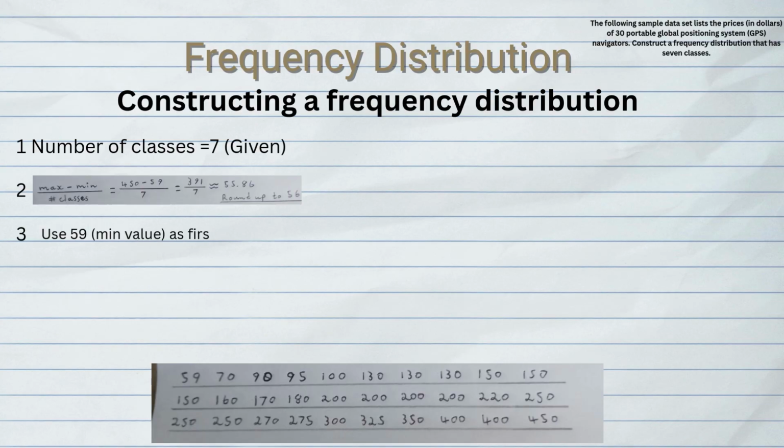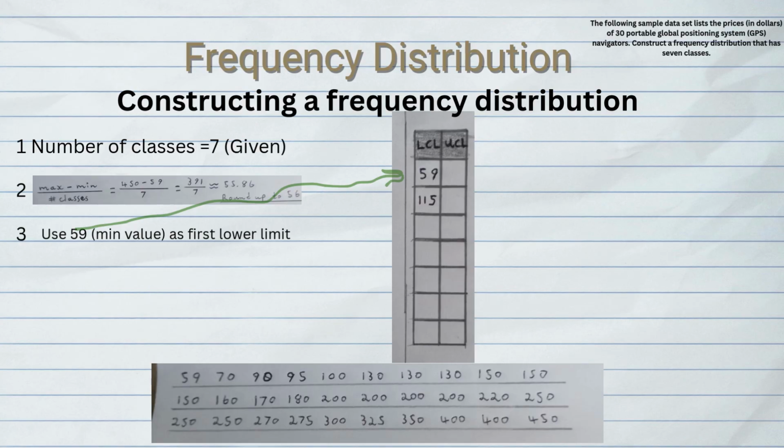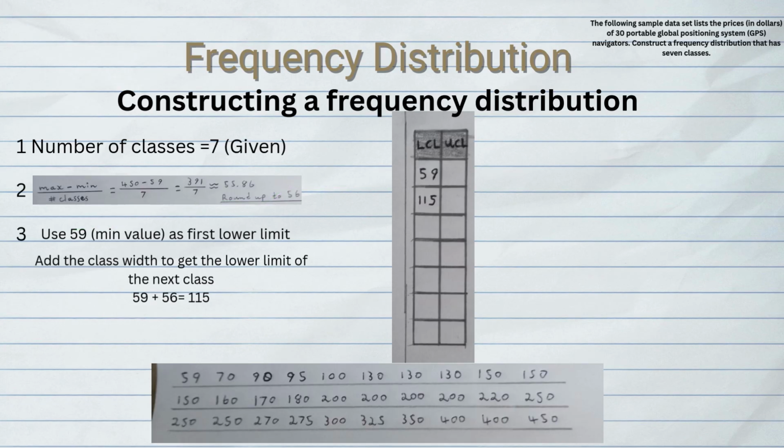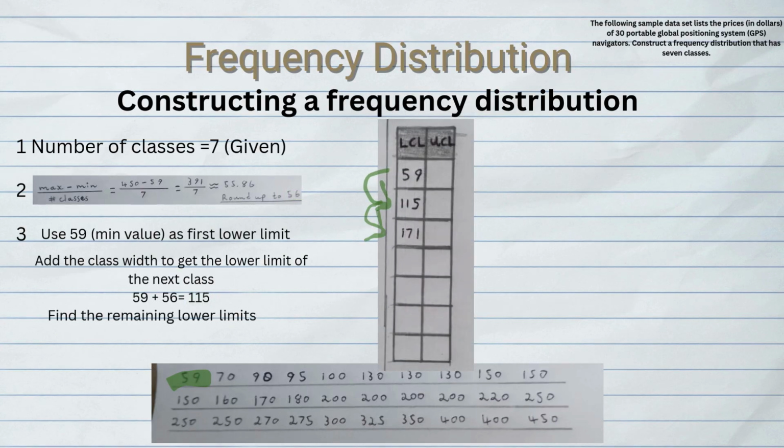Step 3, we'll use 59, the minimum value, as the first lower limit. After that, we'll add the class width, which is 56, to get the lower limit of the next class. We add the class width to the first lower class limit to get 115. Find the remaining lower limits.